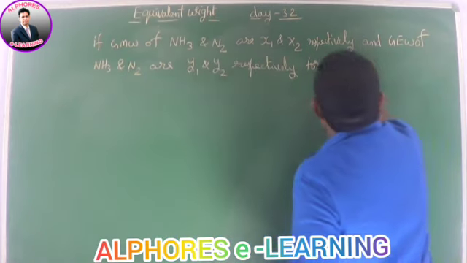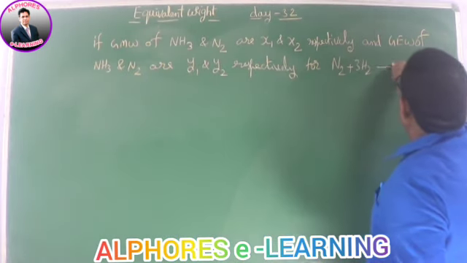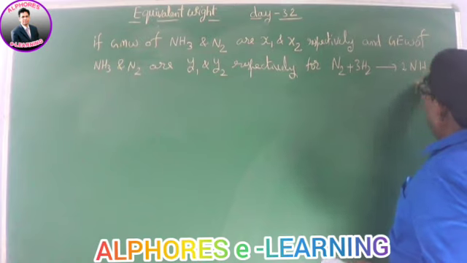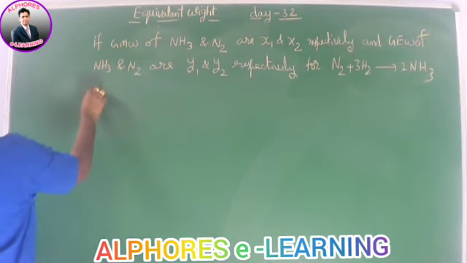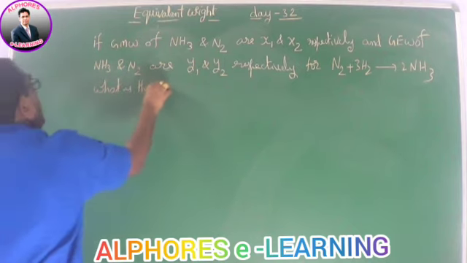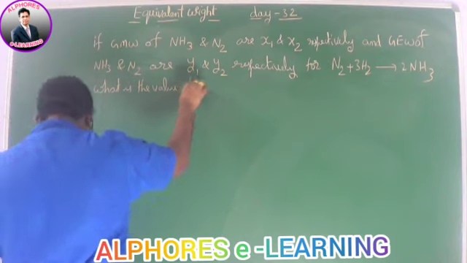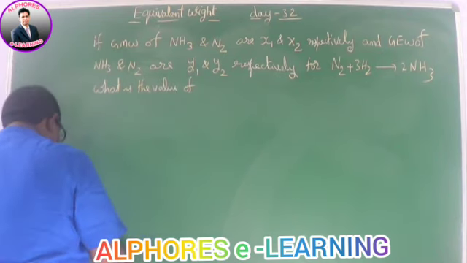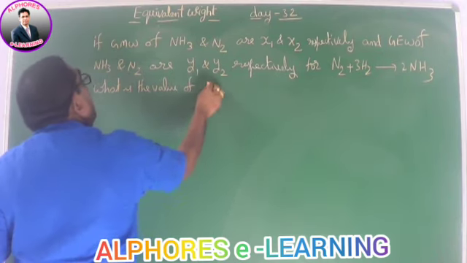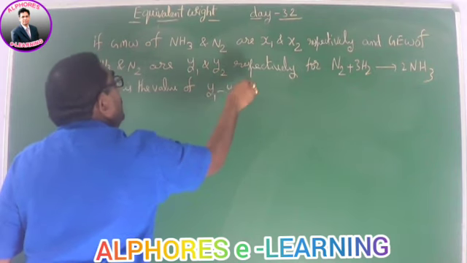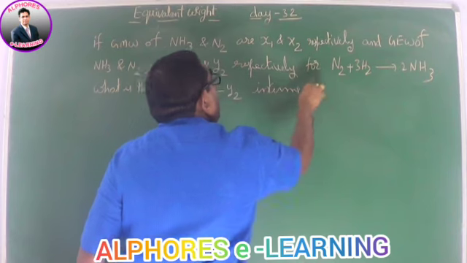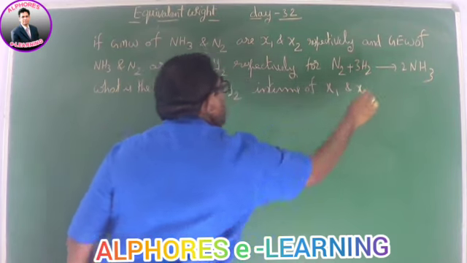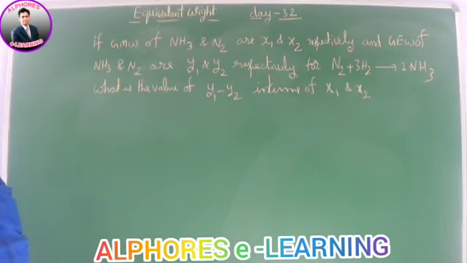For the reaction he has given, N2 plus 3H2 gives rise to 2NH3, what is the value of Y1 minus Y2 in terms of X1 and X2? That is the question.